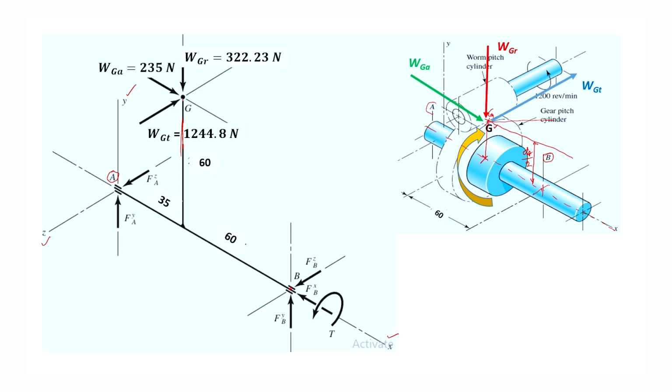Okay. This G and this x-axis. From the x-axis the distance of G is 60 and this is shown here, 60, and this point you may call A, B, C. So, this is your C point. So, distance AC is 35.